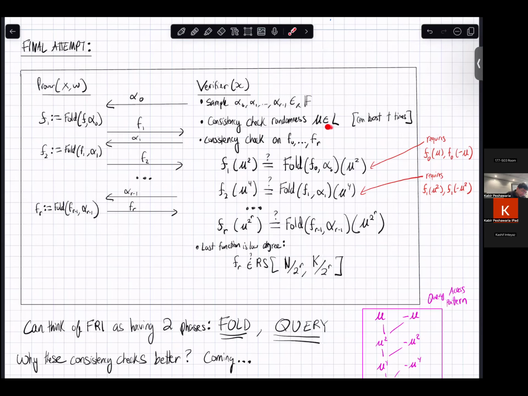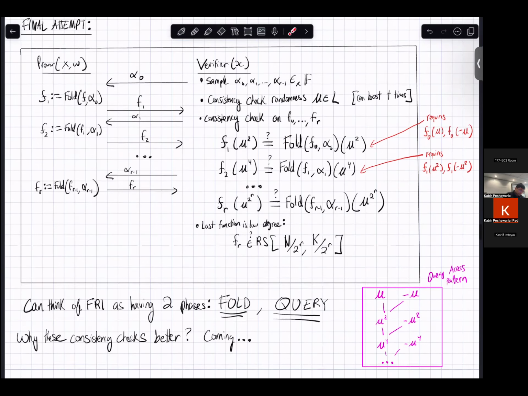So I start with some mu in my original domain. And then I check whether F1 on mu squared is actually equal to fold of F0 with alpha 0 on mu squared. And how do I compute this fold again? Well, I need to know the values of F0 at mu and F0 at minus mu.